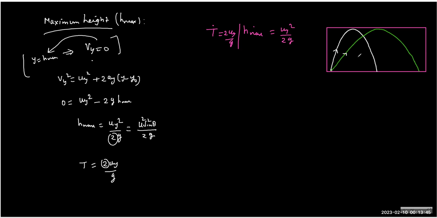So the time of flight depends on the vertical component of velocity. Because of the difference in the horizontal component, one has traveled farther, another lesser. But both will have a similar time of flight. I hope you realize this.